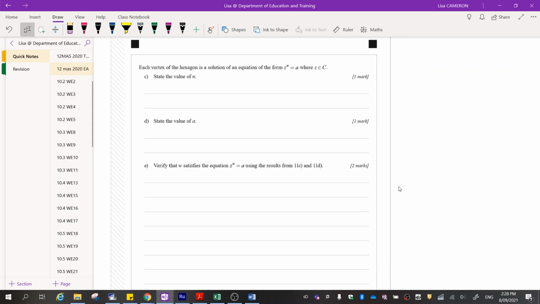Okay, each vertex of the hexagon is a solution of an equation in the form z to the n equals a, where z is an element of the complex numbers. If you'd like further context about these questions, you can go to chapter 5.6 in the Jacaranda Plus textbook, and the question that I looked at to help me piece this together was example 19.